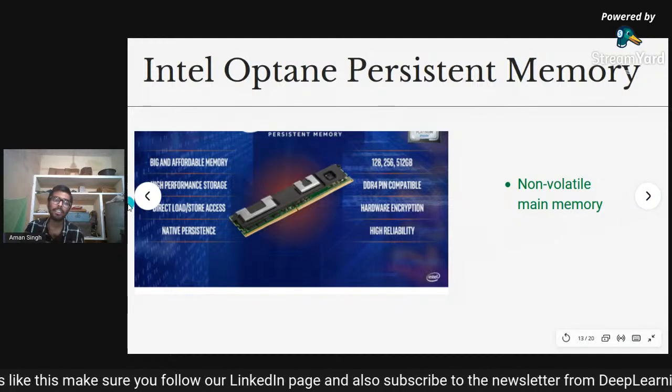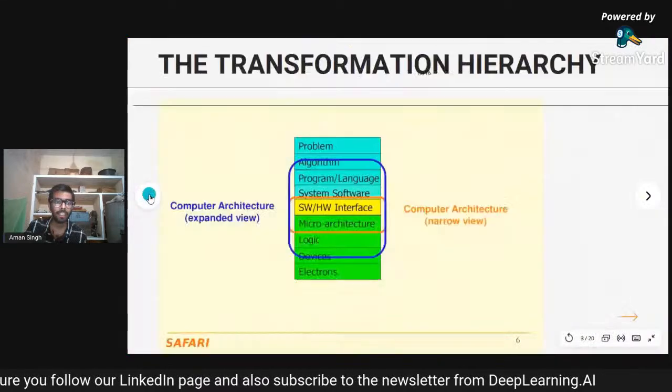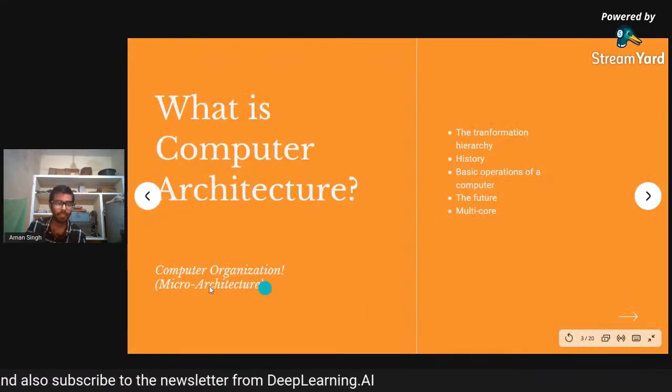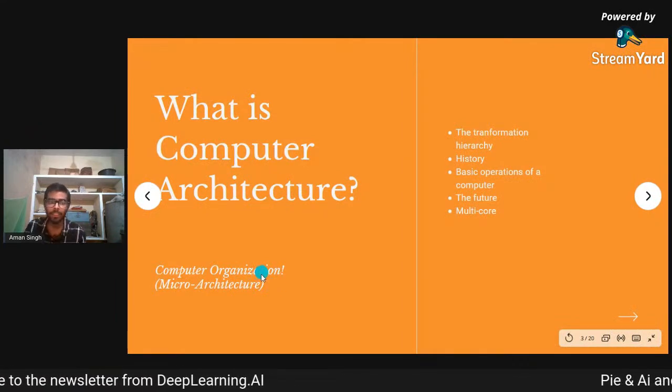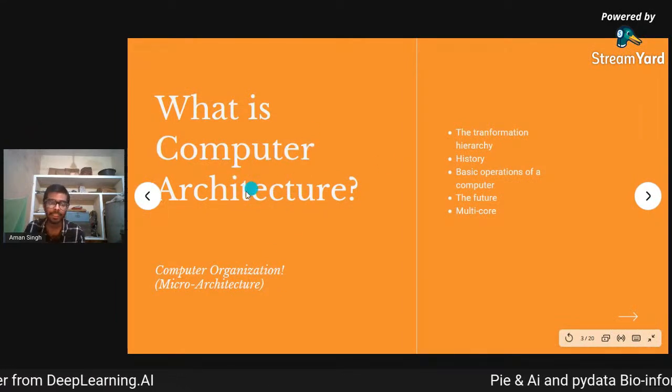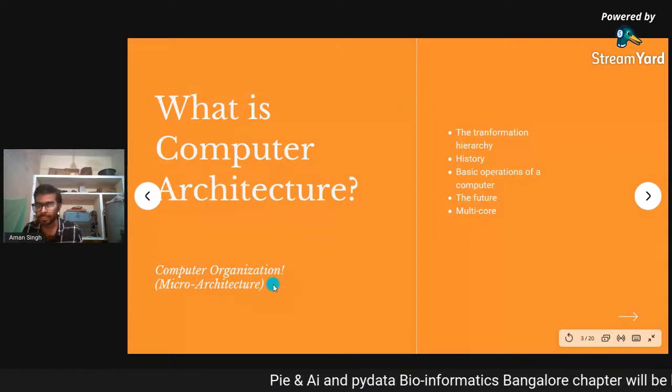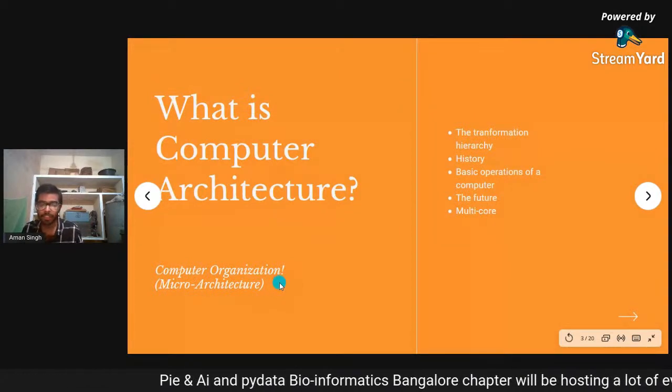And also, we have microarchitecture. In microarchitecture, the ISA is there, and here we implement the ISA. There are many trade-offs, like power.